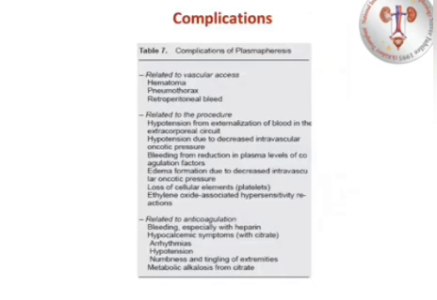So at least in our everyday practice, the only role for fresh frozen plasma is the TTP. The complications of plasmapheresis: some are related to vascular access, for example, hematoma, pneumothorax in case of applying the central venous catheter, or retroperitoneal bleeding if you use a femoral catheter. Related to the procedure itself, hypotension from externalization of blood in the extracorporeal circuit.